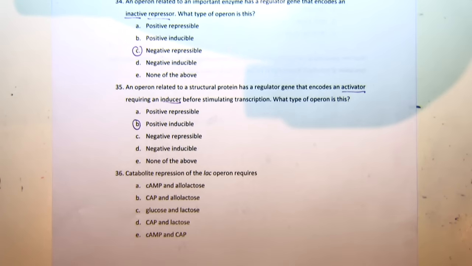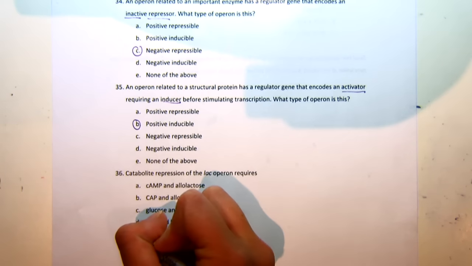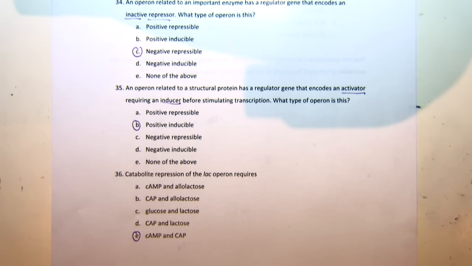All right, 36. Catabolite repression of the lac operon requires, this was going to be cAMP and CAP. So when we're using the lac operon, we do not have glucose, but we have lactose.